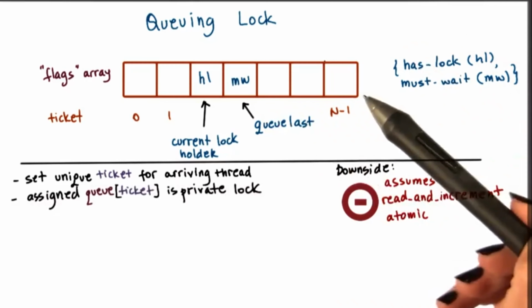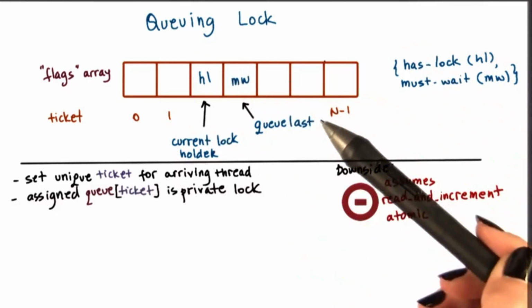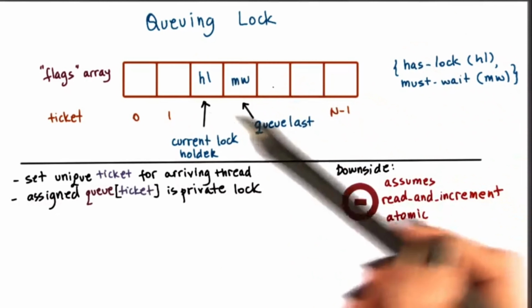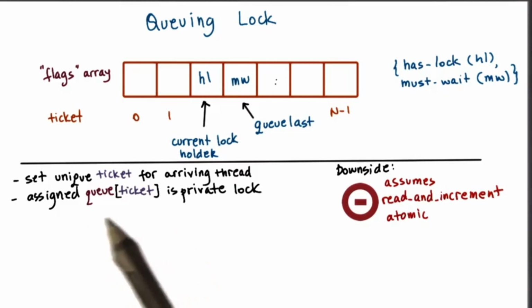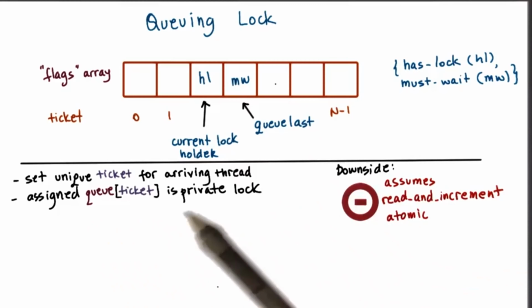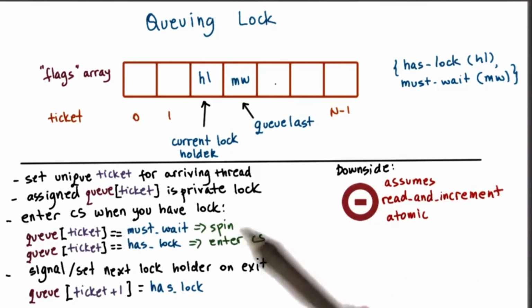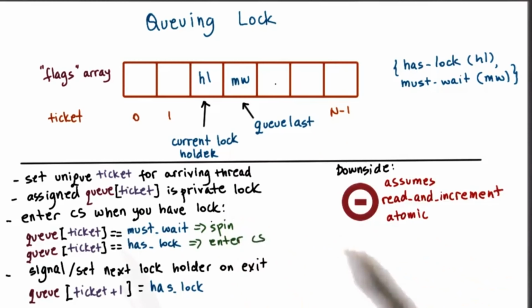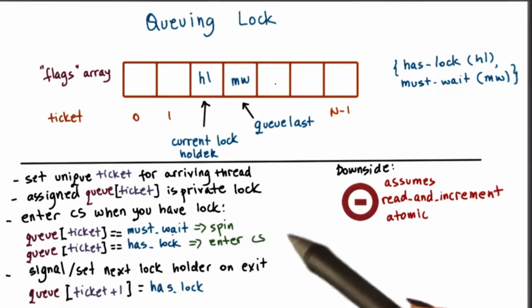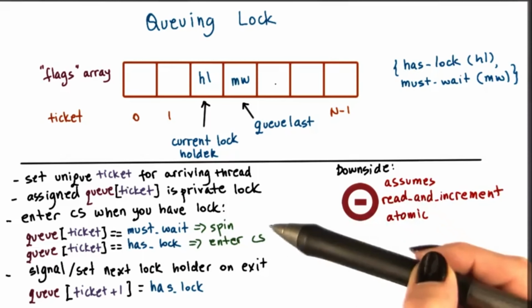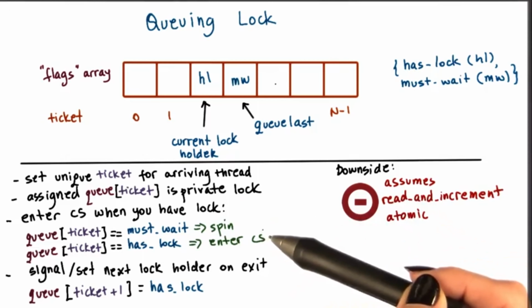For each of the threads that are arriving at this queuing Spinlock, the assigned element of this flags array, the queue of ticket, acts like a private lock. What that means is that as long as the value of queue of ticket is must wait, then the thread will have to spin, just like with a spin lock. When the value of this element becomes has lock, that will be an indication that the lock is free and you can go ahead and proceed and enter the critical section.